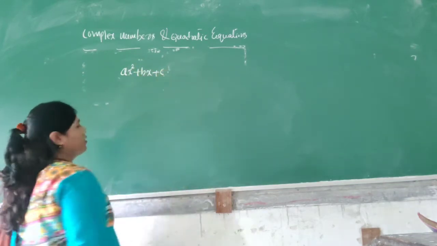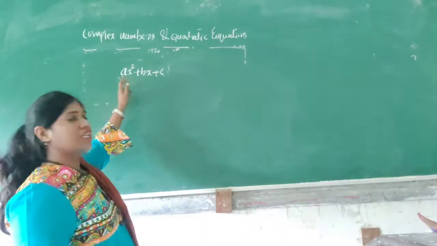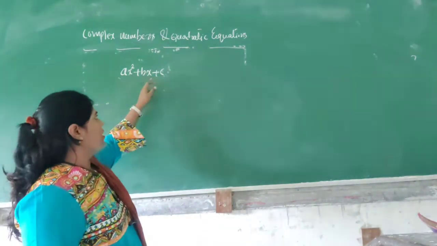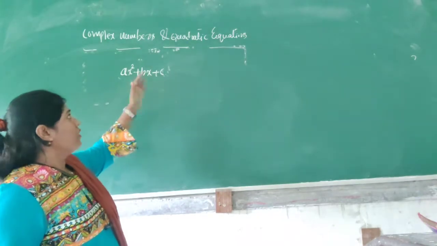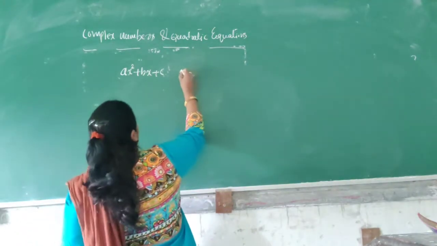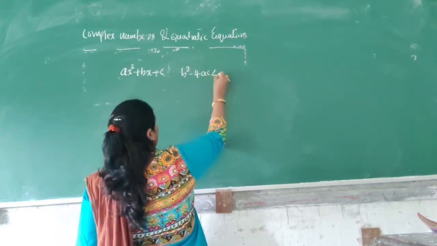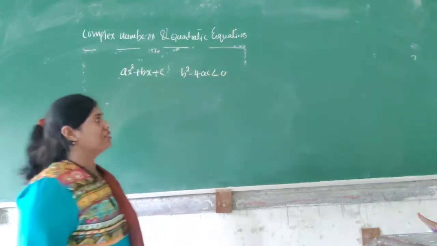What is a quadratic equation in the real number system? The quadratic equation is ax square plus bx plus c equals 0. We are not going to be able to solve this equation when b square minus 4ac is less than 0.